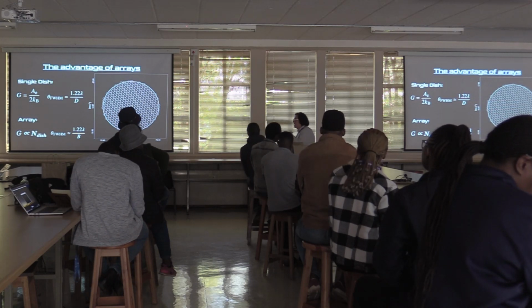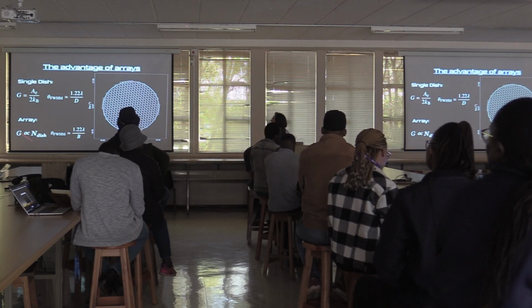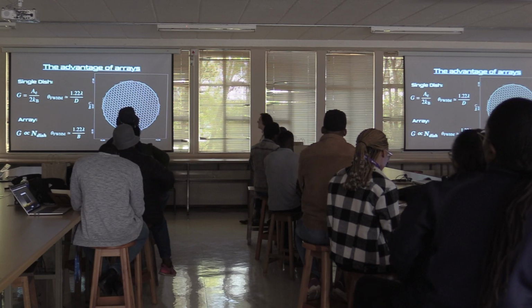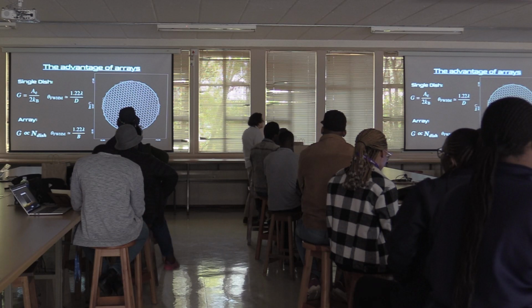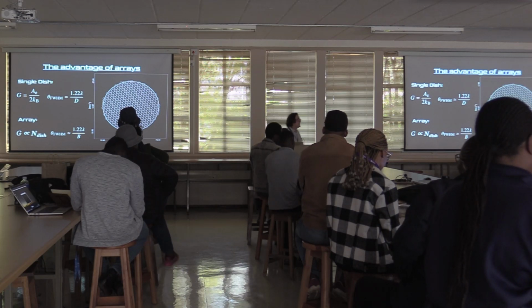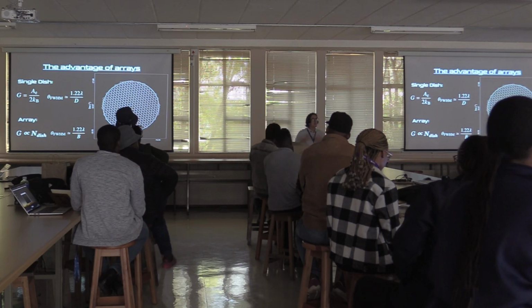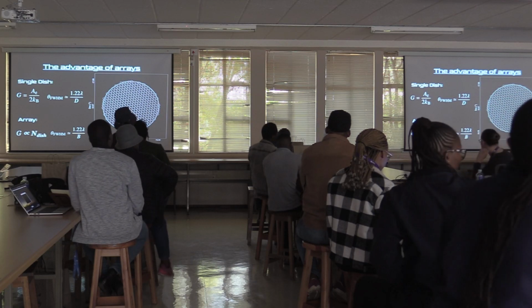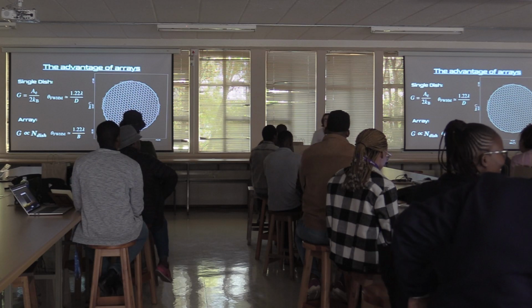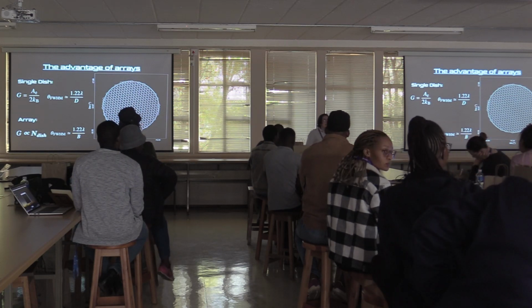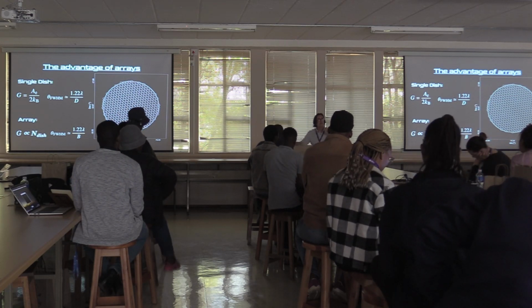On the other hand, for the array radio telescope, the gain is proportional to the number of dishes that you have. So it's basically the sum of the gain of all those individual telescopes. But the size of the beams is inversely proportional to the maximum baseline of the array.